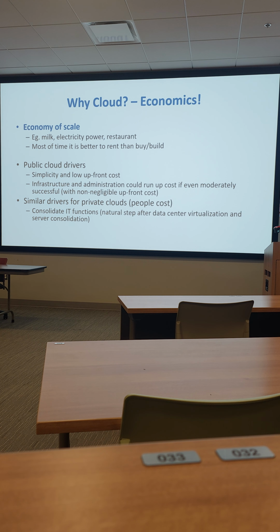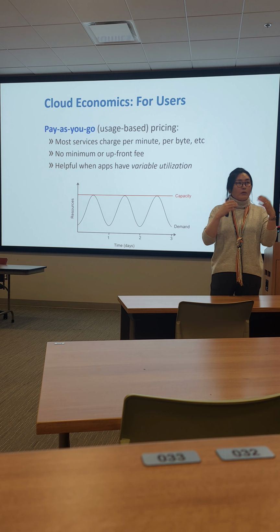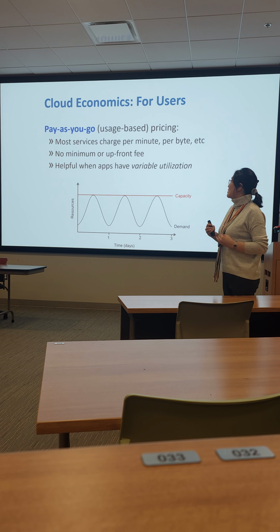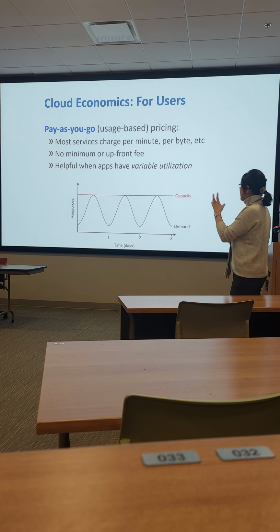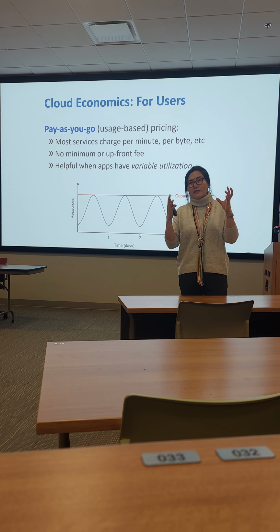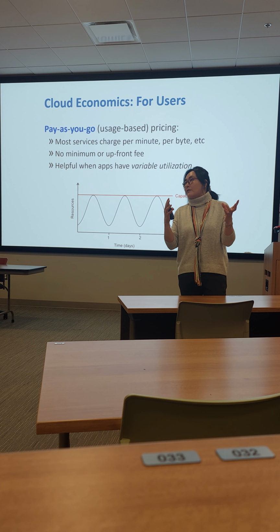So economy of scale is a big thing, especially for users. If we know there are ups and downs in the demand over time, without a public cloud that can scale up and down elastically, what we have to do is always provision for the peak. Even in networks, if utilization is at the 70% level, people are starting to panic already.